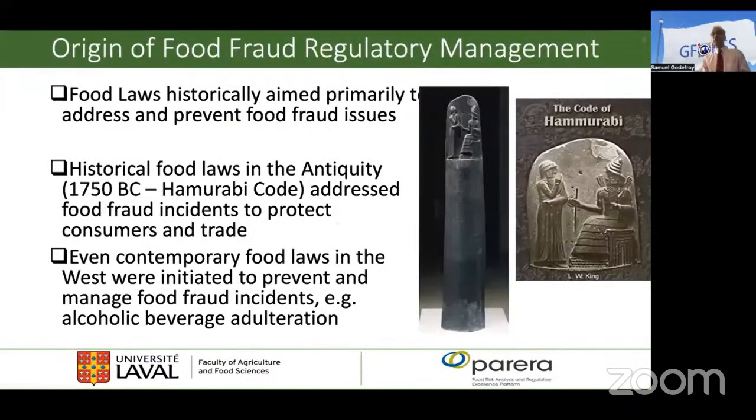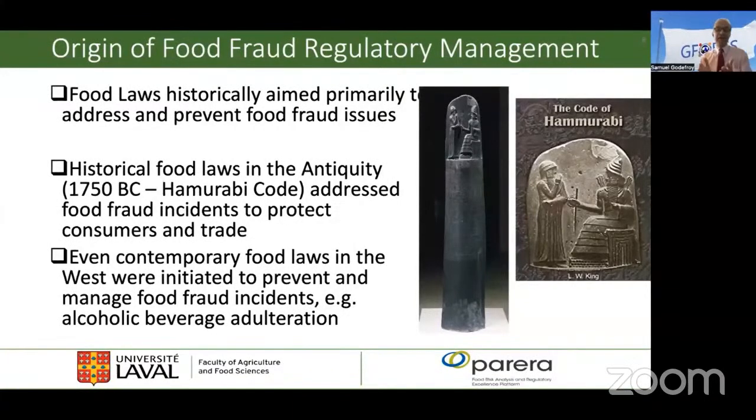Now, when we look at the way regulators have attempted to manage this situation, we actually travel through time all the way to 1750 BC, where we find the first texts that have attempted to introduce food laws, or at least measures that were meant to deter possibilities of fraud in food production.